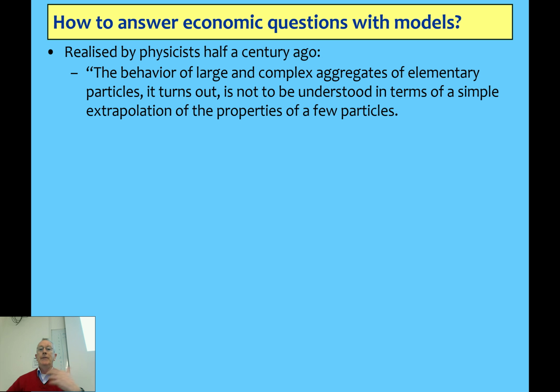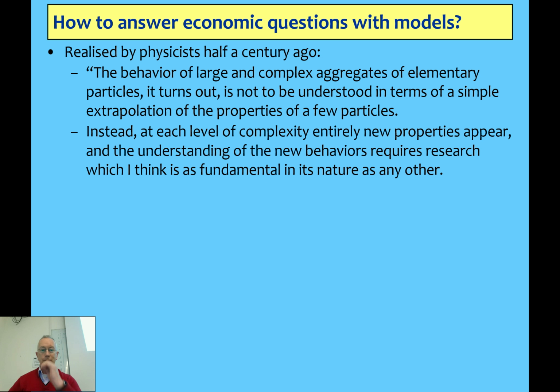He says that the behaviour of large and complex aggregates of elementary particles can't be understood by extrapolating the properties of a few, or one, as economists prefer to use. Instead, at each new level of analysis you get new complexities, new types of behaviours which require research which is as fundamental at that level as any lower level.